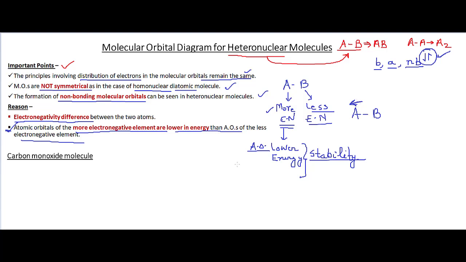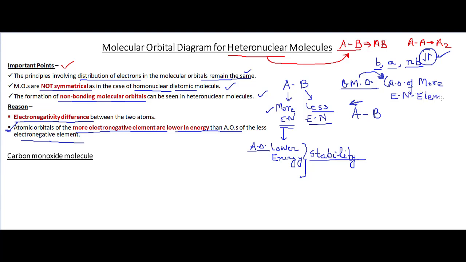One more point I want to add: the bonding molecular orbitals, which we get when the atomic orbitals combine linearly in the LCAO method, will be contributed mainly by the atomic orbitals of the more electronegative element.